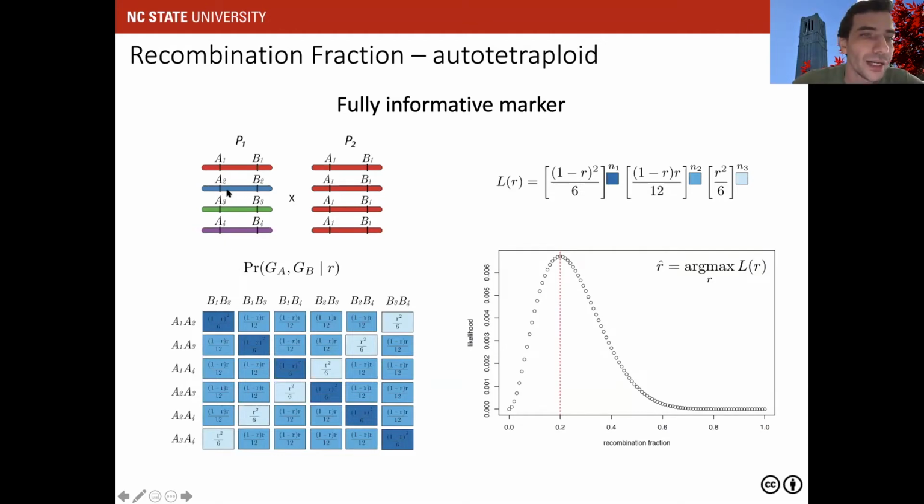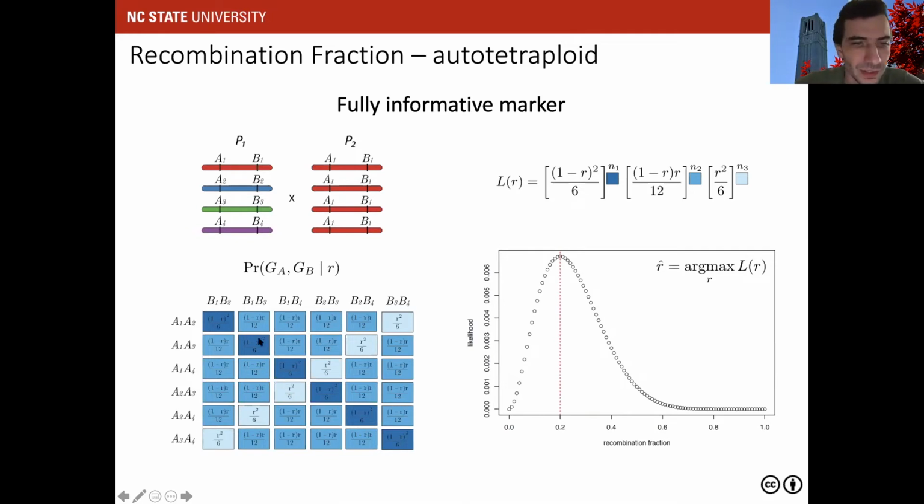We have A1, A2, A3, A4, and 1, 2, 3, 4 for B as well. And then here we have a non-informative individual, okay? So 2 nulliplex cases, and here a completely informative individual. And I did this just to consider one gamete, right?